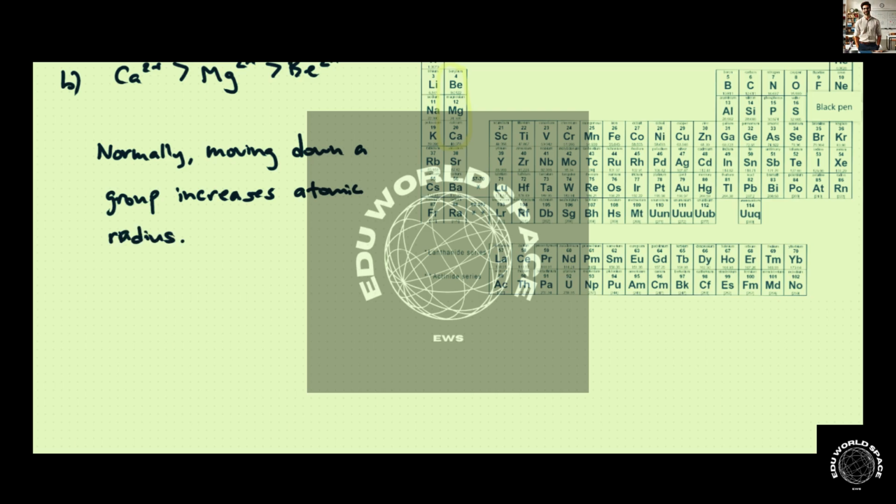So normally, if these didn't have any charges, beryllium would still be smaller than magnesium, which would still be smaller than calcium. Why is that?